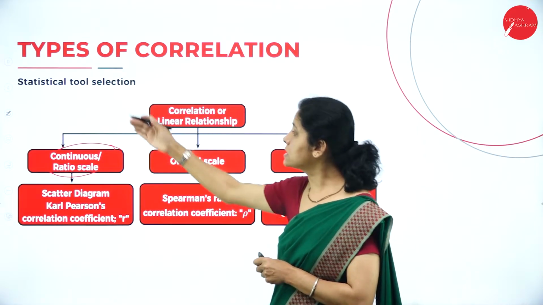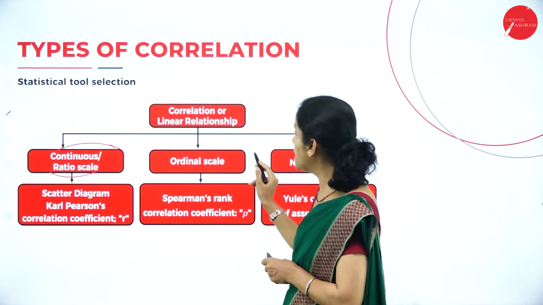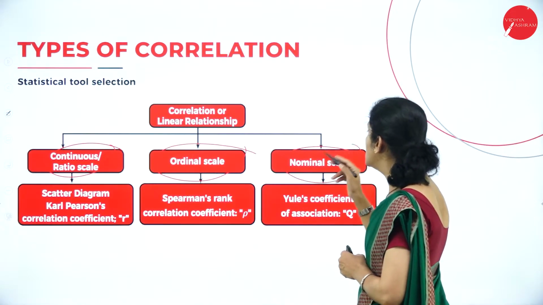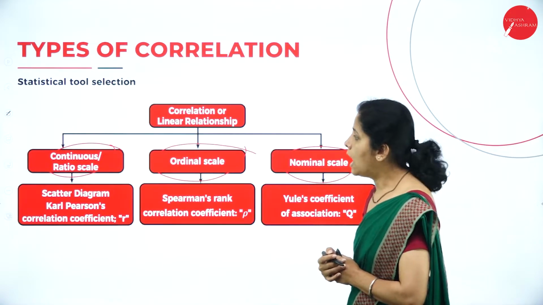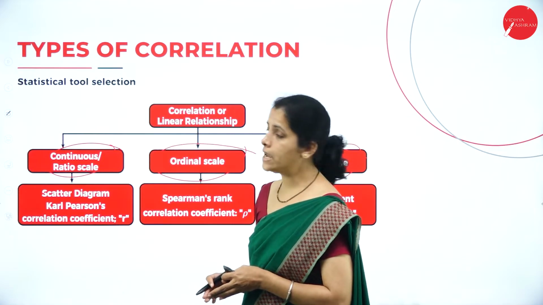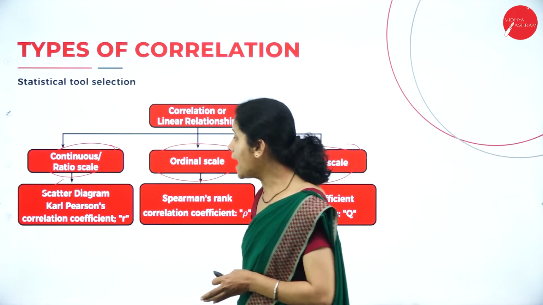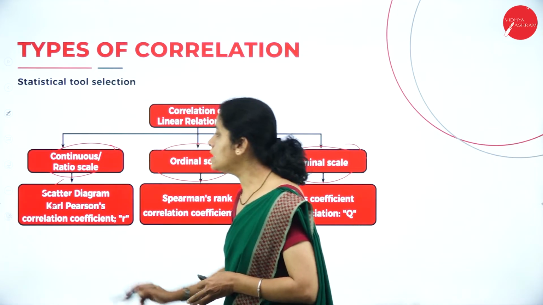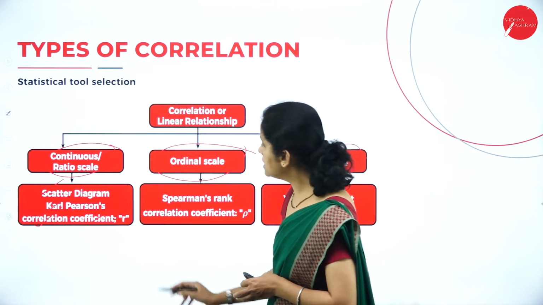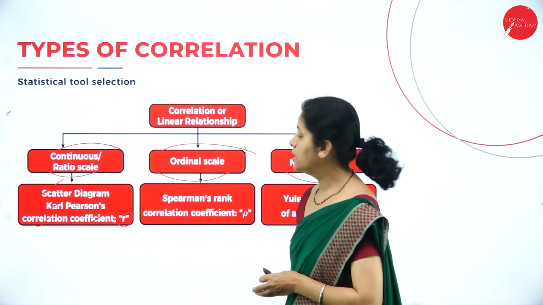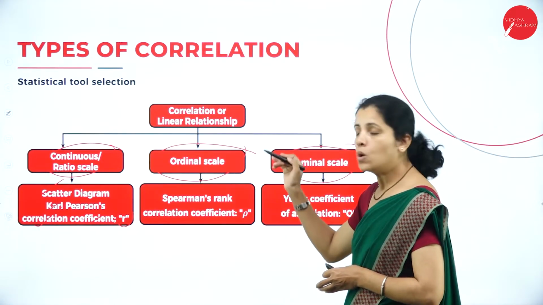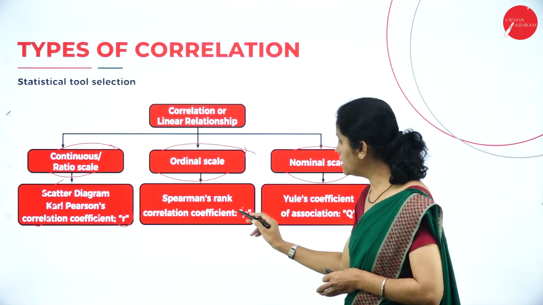Okay, one type is continuous ratio, another type is ordinal ratio, and another one is nominal ratio. Under continuous, or ratio scale, I'm going to have the scatter diagram and Karl Pearson correlation coefficient, represented by the letter r. If I consider Spearman's rank correlation coefficient, then it is rho.